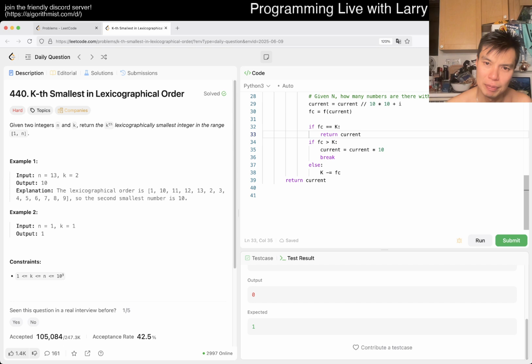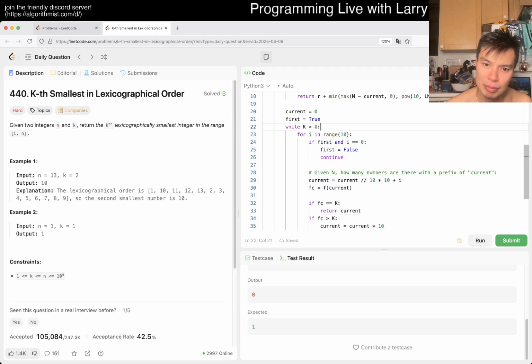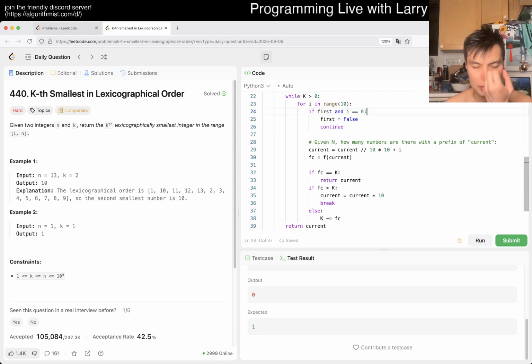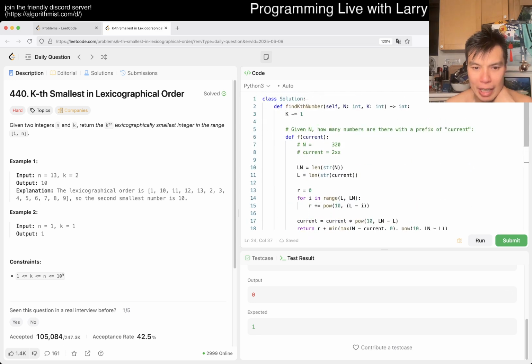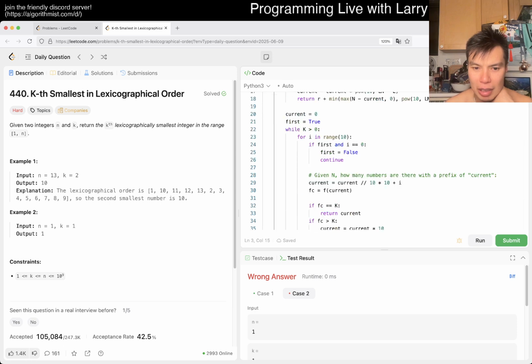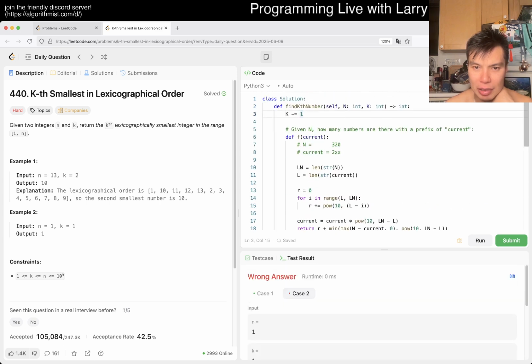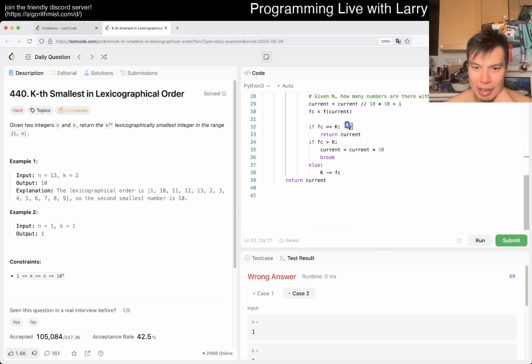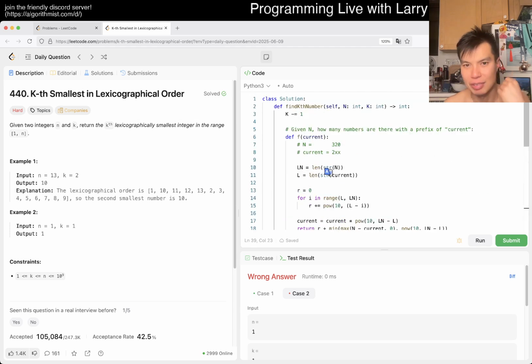Output is 0. The first digit. Well, k is going to be 0. I don't know if that should be a 0. So then this loop never happens, and then I just return 0. So I guess that's fair.